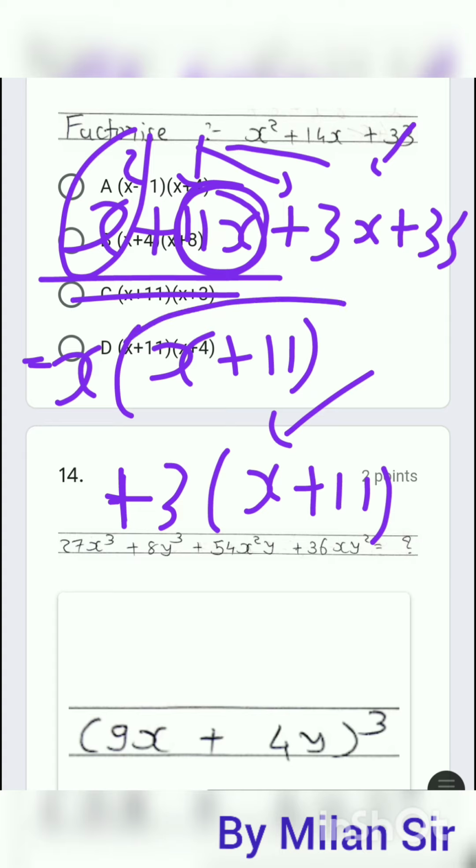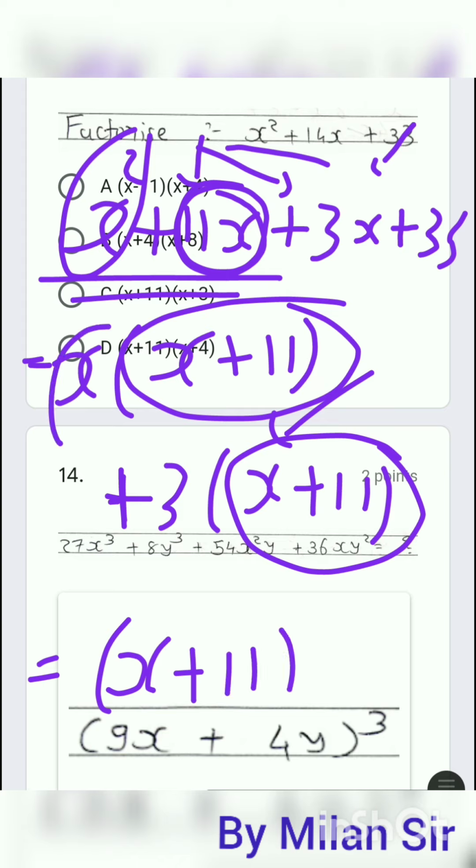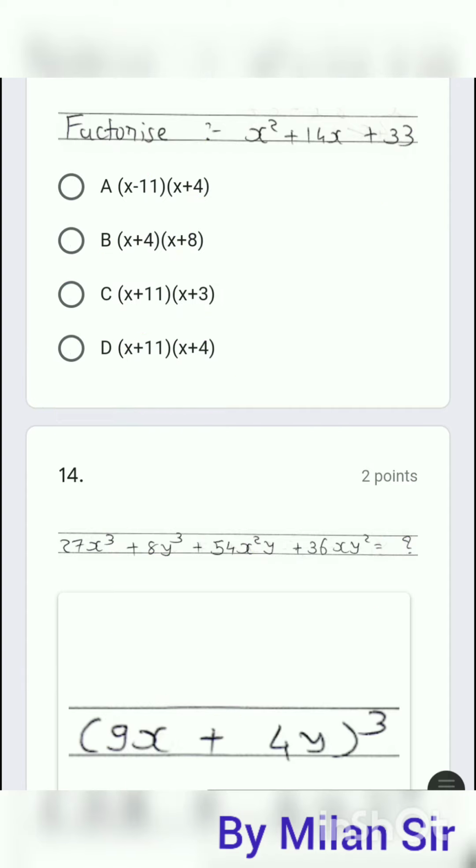Okay, so finally our x plus 11 is the same, so we can take it common. So now x plus 3 is remaining, so here our second factor is x plus 3. So this is the answer of this factorization, x plus 11 and x plus 3. Okay, x plus 11 and x plus 3. So option C is correct.